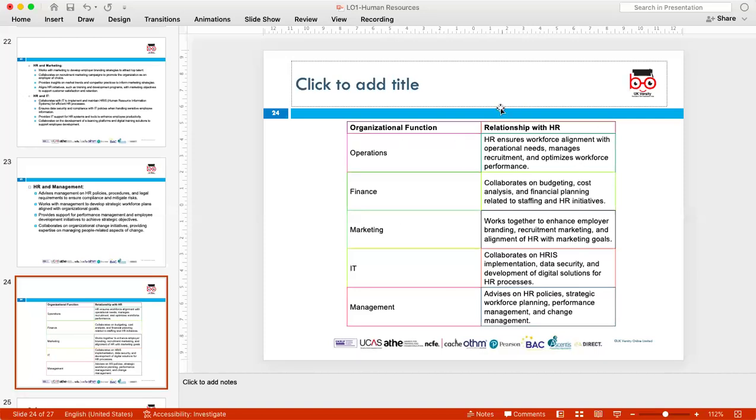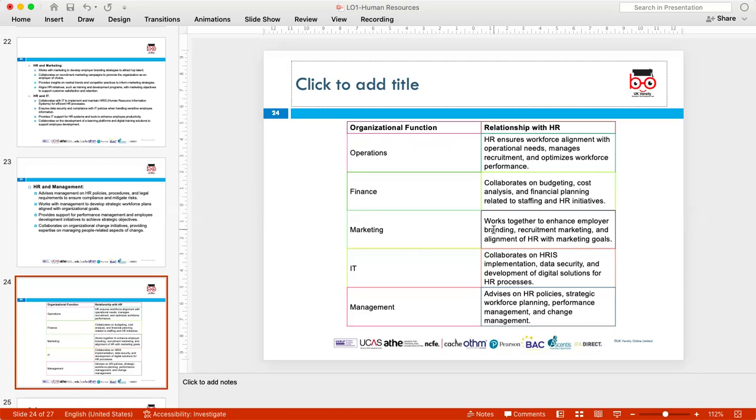Now we are going to see a quick recall of all the functions and their relationship with HR. Operations: HR ensures workforce alignment with operational needs, managing recruitment and optimizing workforce performance. Finance: collaborate on budgeting, cost analysis, and financial planning related to staffing and HR initiatives.